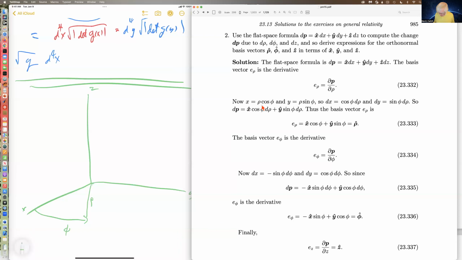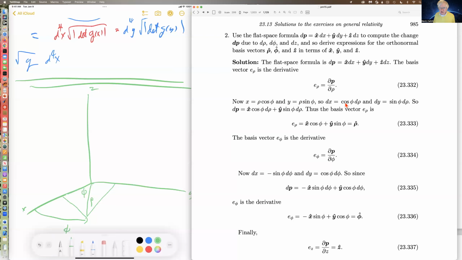X is rho cosine phi. This is the angle phi. And y is rho sine phi. I'm not sure that one is really perpendicular, so let me make it like that. Anyway, x is rho cosine phi, y is rho sine phi.